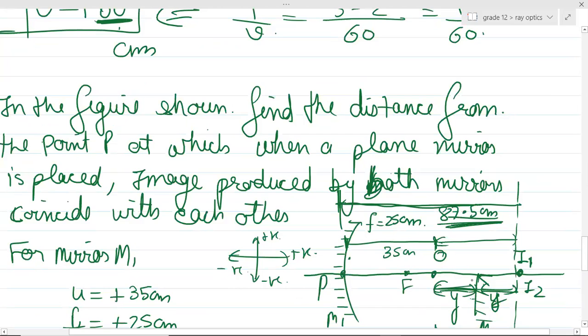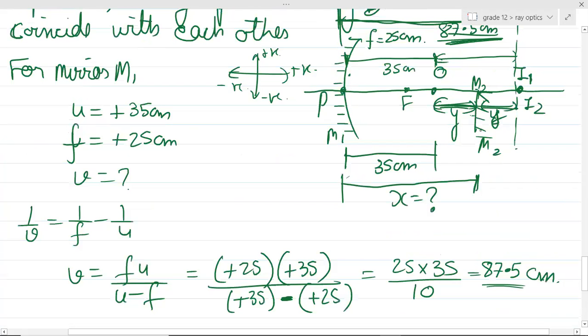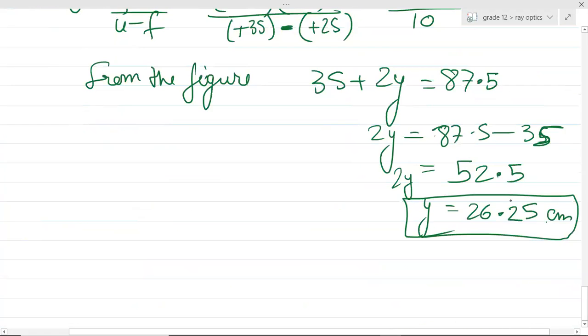But is this the answer which we want? The question said what is the distance of the mirror M2 from point P? So basically you want to find out the distance from here till here. So what will be the answer, guys?